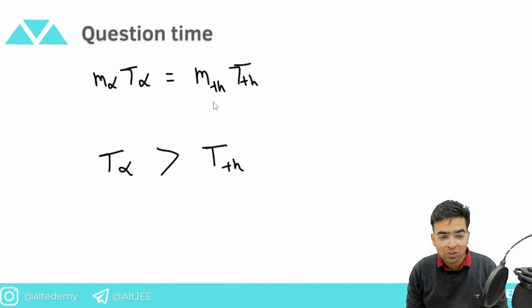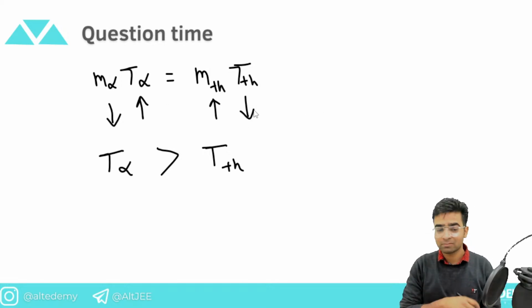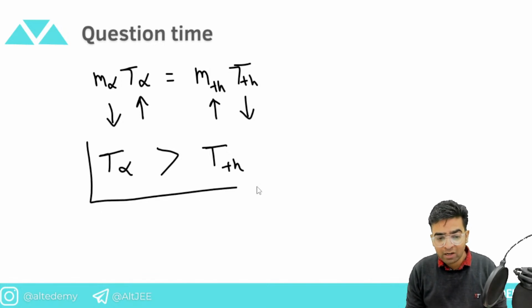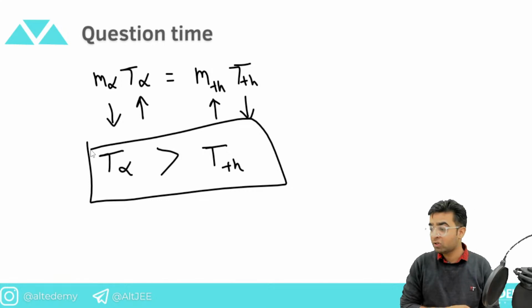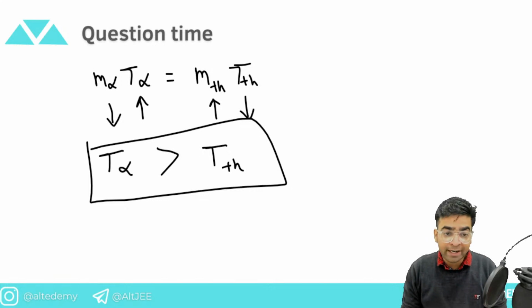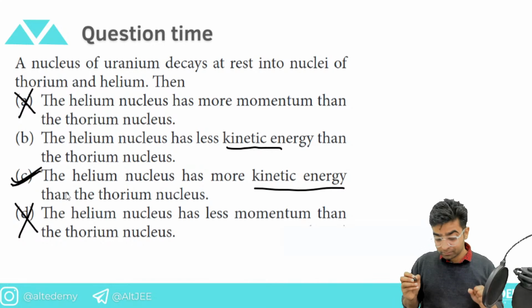The mass of the thorium is high and the mass of the alpha particle is less. So in order to balance this equation, this term has to be greater and this term has to be lesser. So T of alpha is going to be greater than T of thorium. So the right answer is C.